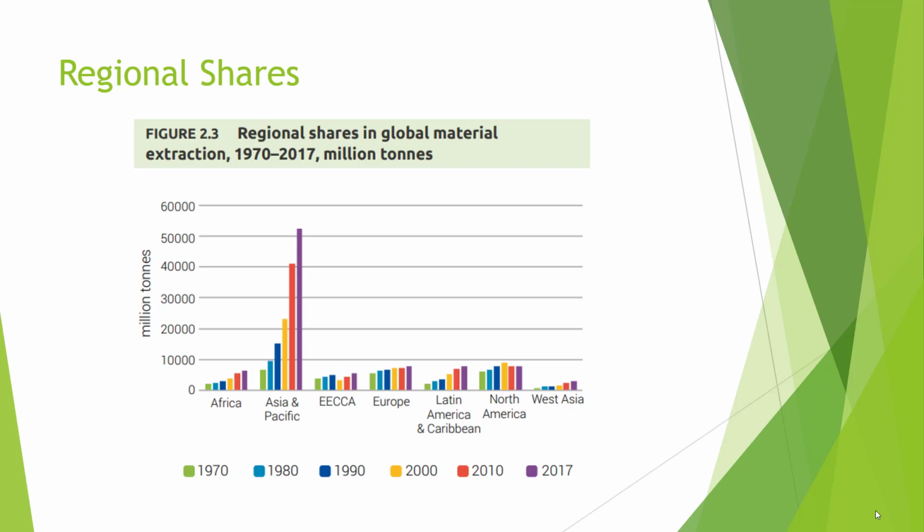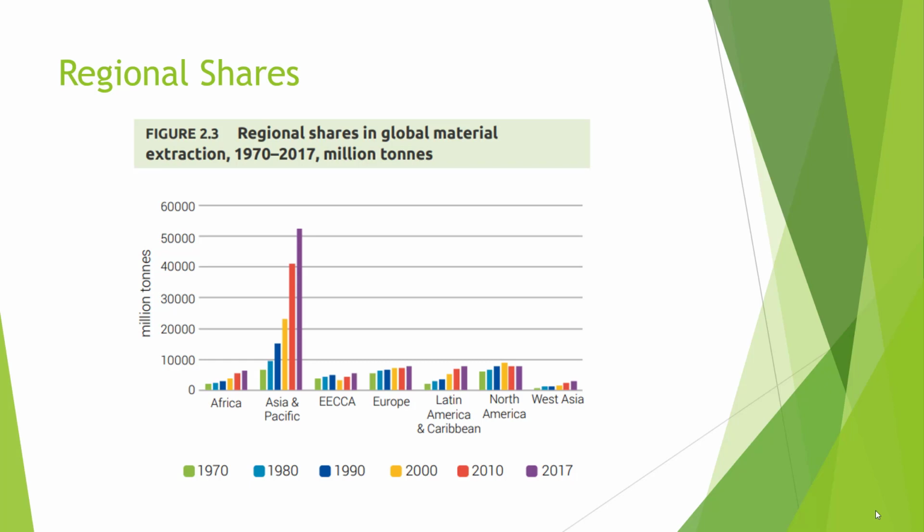Regional shares, so this is by region, as you can see there. In 2017, Asia Pacific had the highest global material extraction. So the Asian Pacific, there's still lots of resources that they're digging up over there.